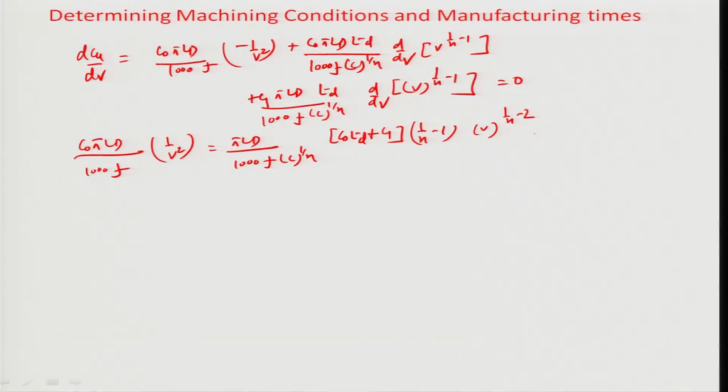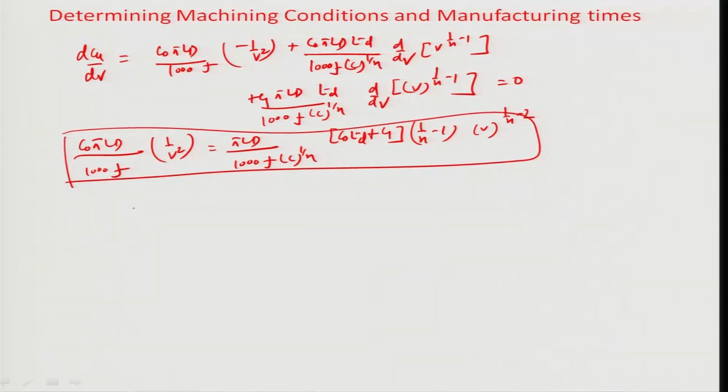Therefore, we can obtain a condition from this equation that V to the power of 1 by n becomes equal to C0 divided by 1 by n minus 1 times C0 Td plus C1, times C to the power of 1 by n.